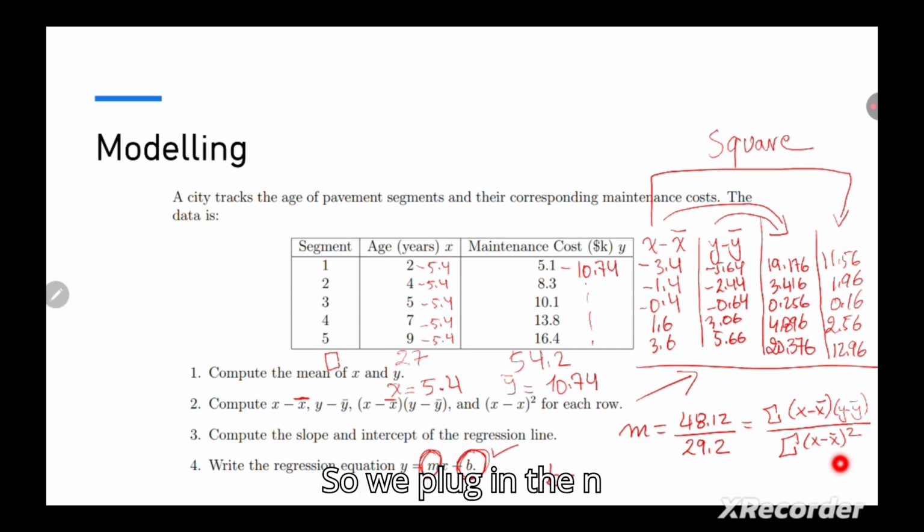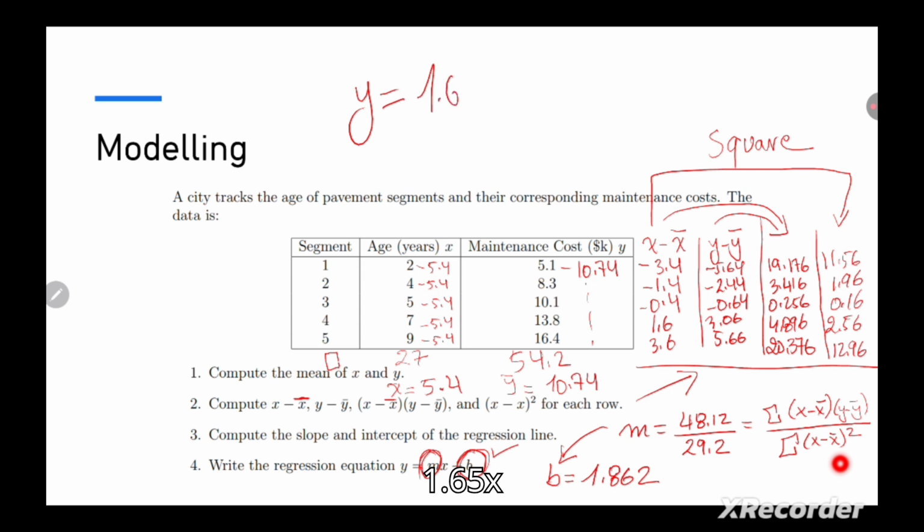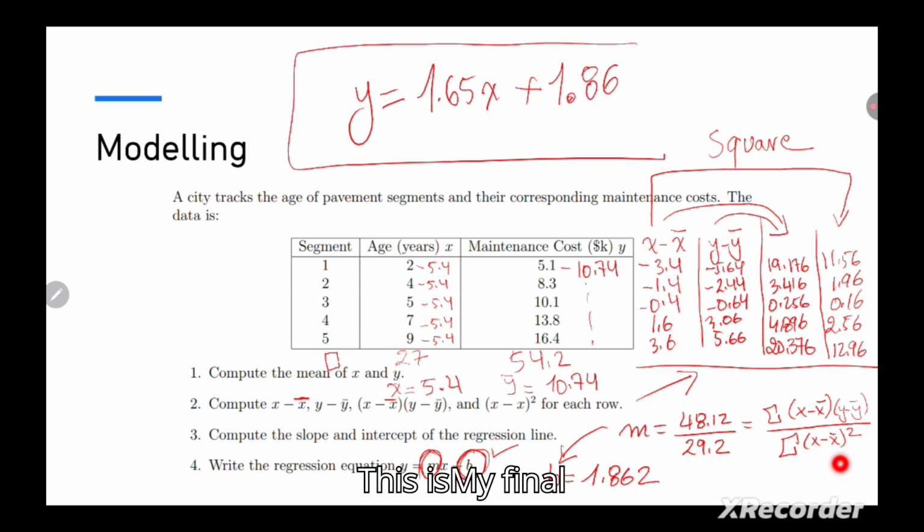So we plug in the m into the equation of A, and we get B is equal to 1.862. So the final equation would be y equals 1.65x plus 1.86. This is my final product.